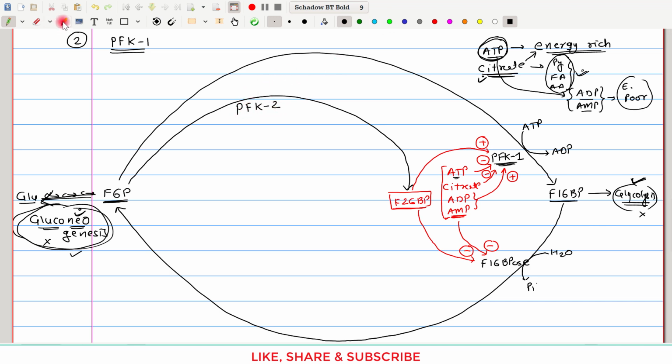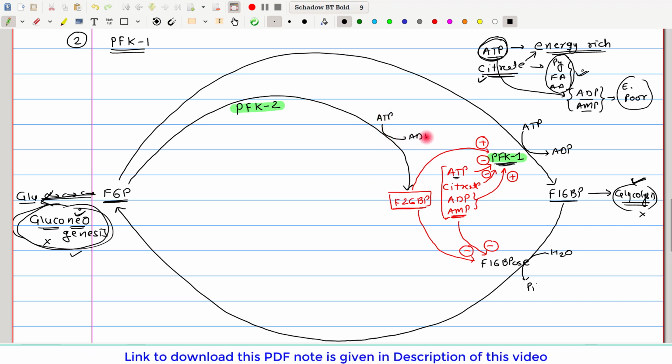So we should note that phosphofructokinase 1 and phosphofructokinase 2 are similar looking but totally different enzymes, right? And here meanwhile it utilizes ATP. ATP is converted to ADP because one phosphate is added to the fructose 6-phosphate, right?